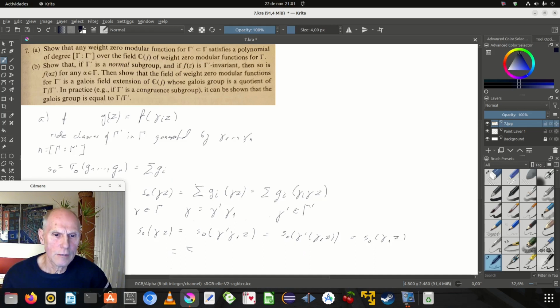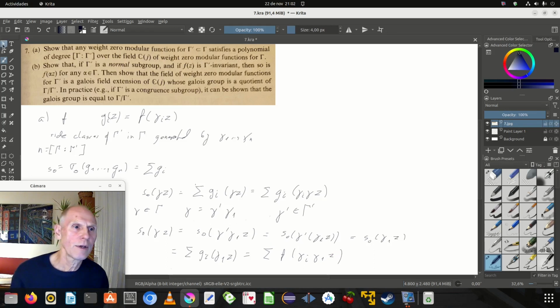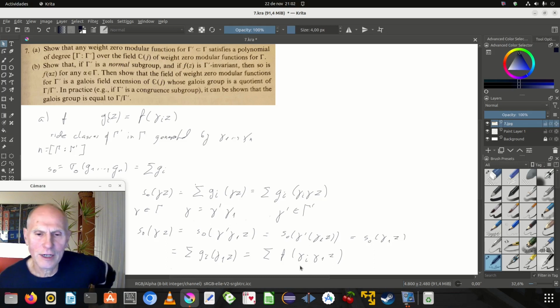And that's the sum of gi of gamma 1 z, and gi was f of gamma I of gamma 1 z. And here it actually comes in that gamma 1 just permutes the side classes it's lying in.